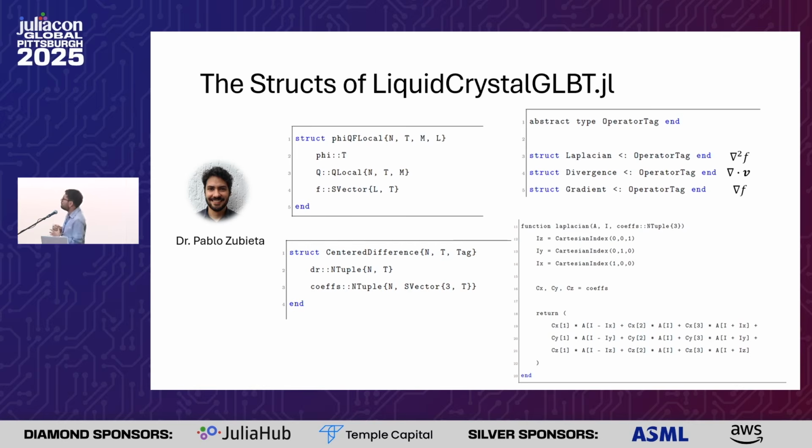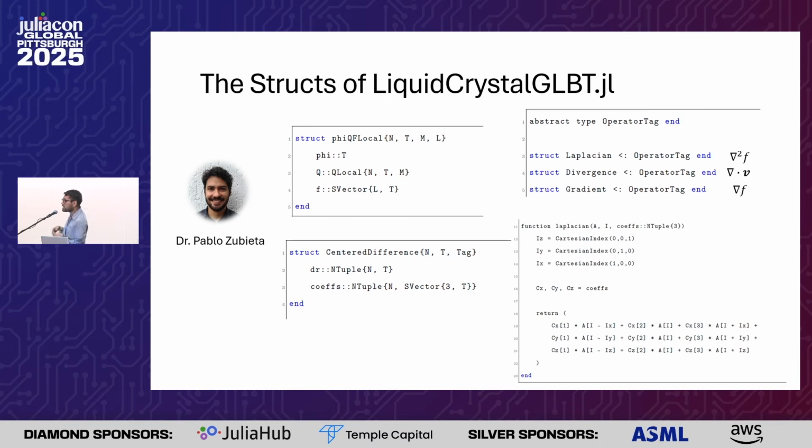As you can see there, I've defined three structs. The first is phi, which is the concentration. The second is the Q tensor, which is the liquid crystal information that has some mathematical properties. And the third is the F, which is for velocity. After that, I use a central difference because I have partial derivatives. I have spatial derivatives that I need to discretize over space. And this is how it looks.